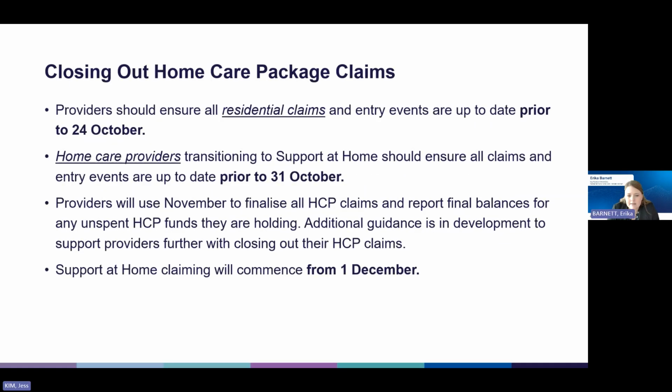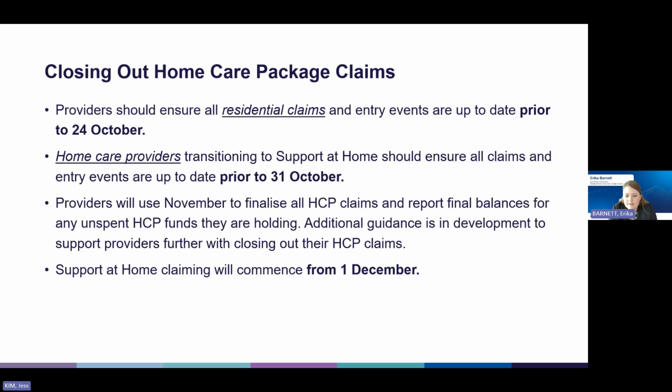So there's a few dates on this slide for closing out your claims for different programs. So residential claims will be prior to 24th of October, and then home care providers transitioning to supported home should be getting all of their claims in prior to 31 October, and that's just leading into our outage windows. And then providers will use November to finalise all their home care package claims and report those final balances of unspent funds to allow us to do supported home claiming from 1 December.